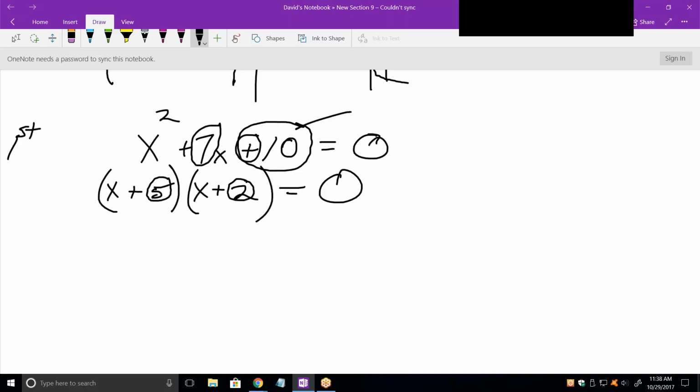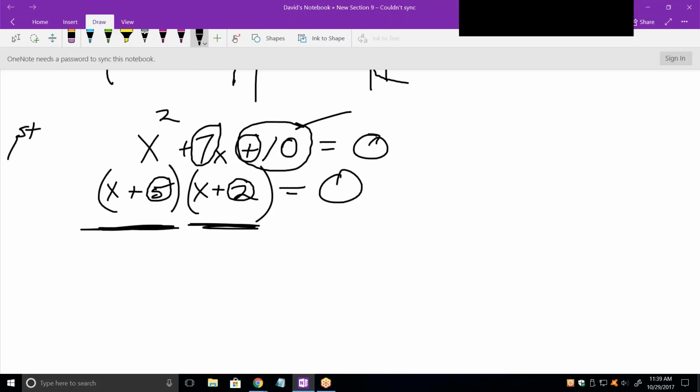Now how do I solve this equation? I'm not really sure. Algebra says that if you have one quantity multiplying another quantity and you get 0, then one of these has to be 0 by definition. You cannot find two numbers that multiply together to give you 0.